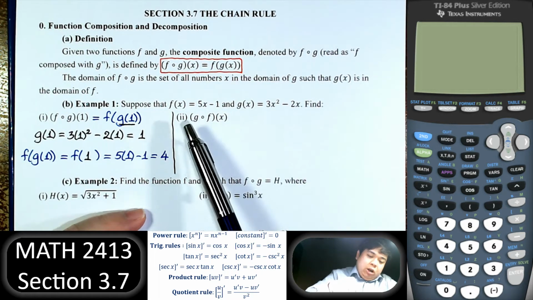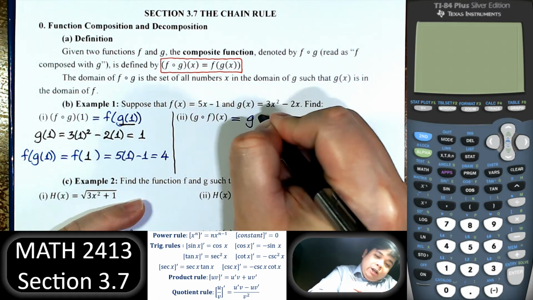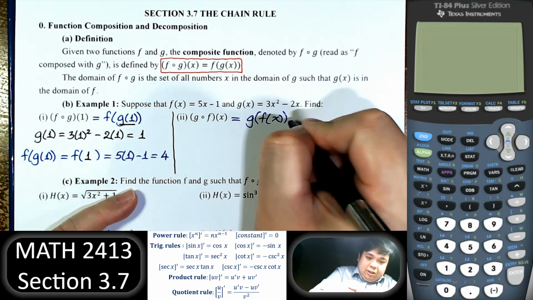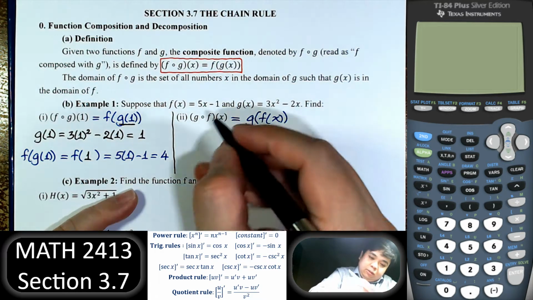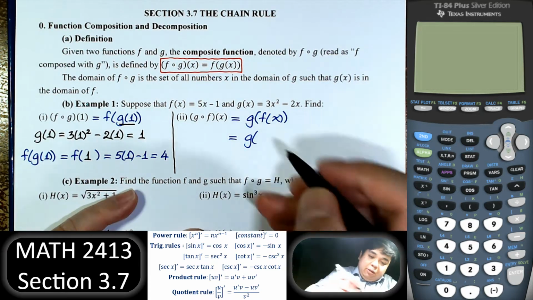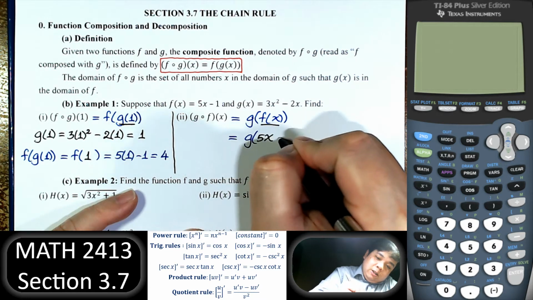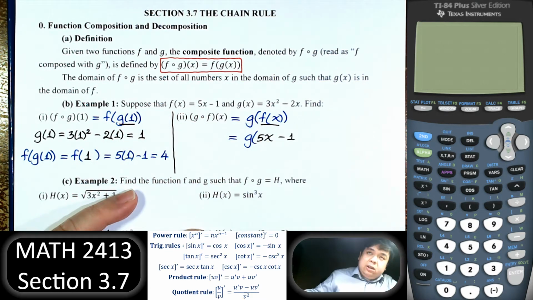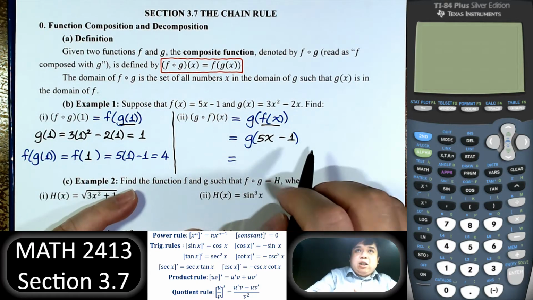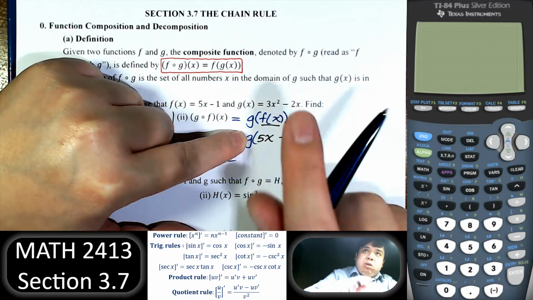And then we ask, what is g of f of x? We'll rewrite this as g of f of x. And f of x inside is 5x minus 1. So we'll just do g of 5x minus 1, meaning we substitute this in for every x of the problem.